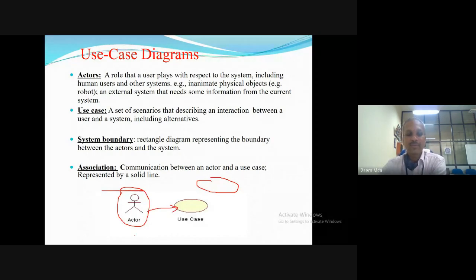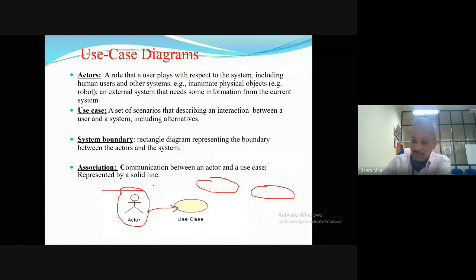This is the concept of a use case diagram. So one is a use case, which is an oval in shape. The second one is an actor, which is a human symbol, right? Again, in the actors, there are different kinds of actors, business actors, normal actors. Let us not worry about them right now, because use case diagrams will also have a different internal nomenclature depending upon a general use case or a business use case. There is a small change in the notation, but right now let us not worry about that.